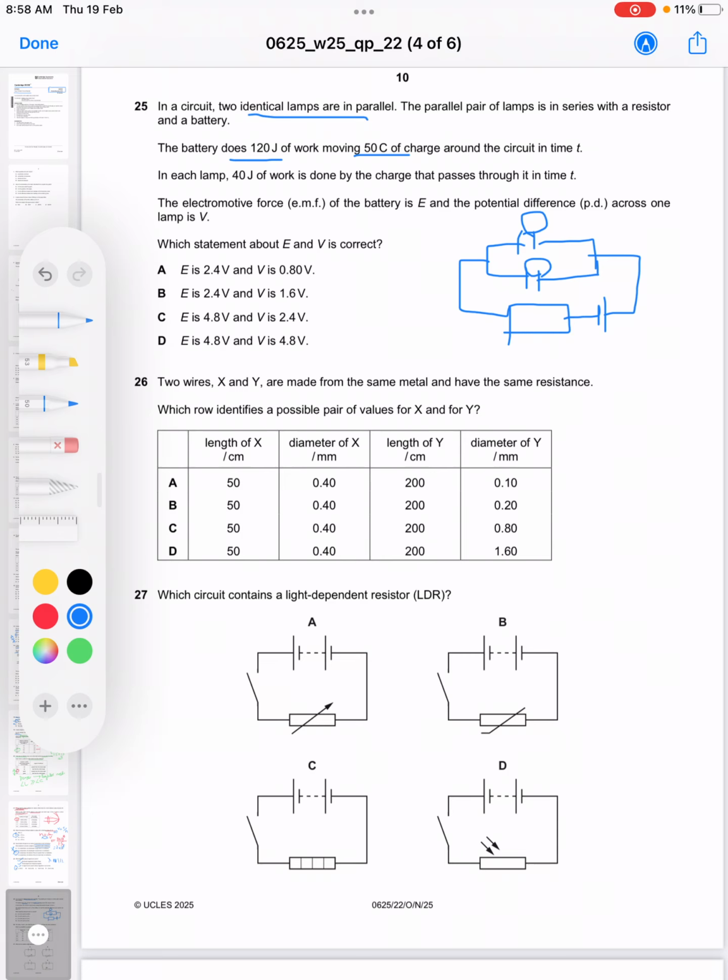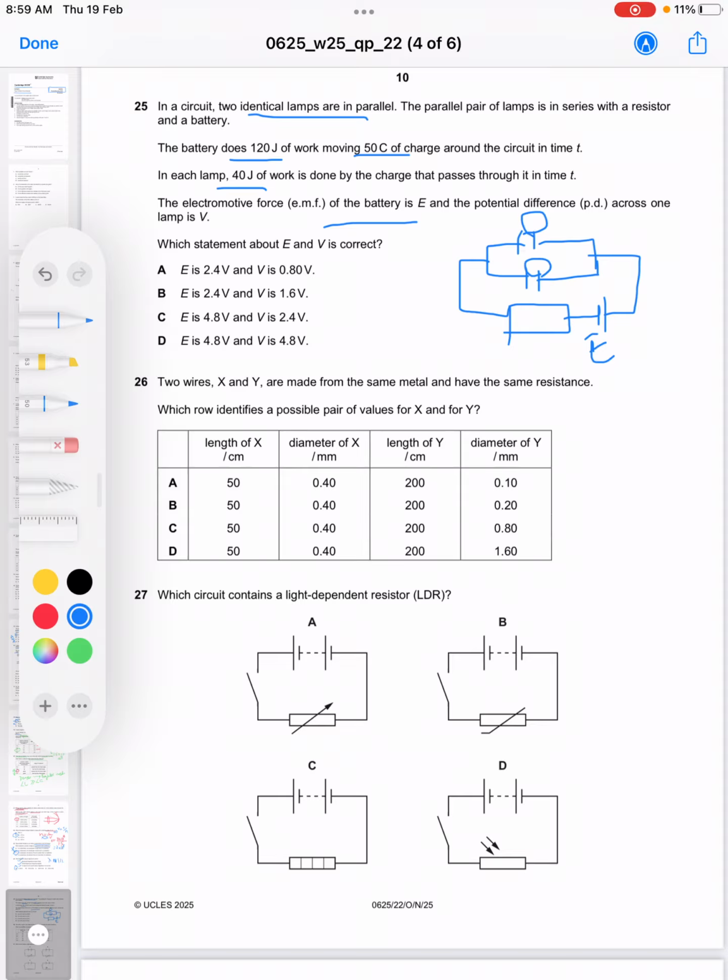The battery does 120 joules of work moving 50 coulombs of charge in time t, and 40 joules of work is done in each lamp in time t. The electromotive force is E. This E is provided by the battery and the potential difference across the lamp is V. State which statement about E and V is correct.